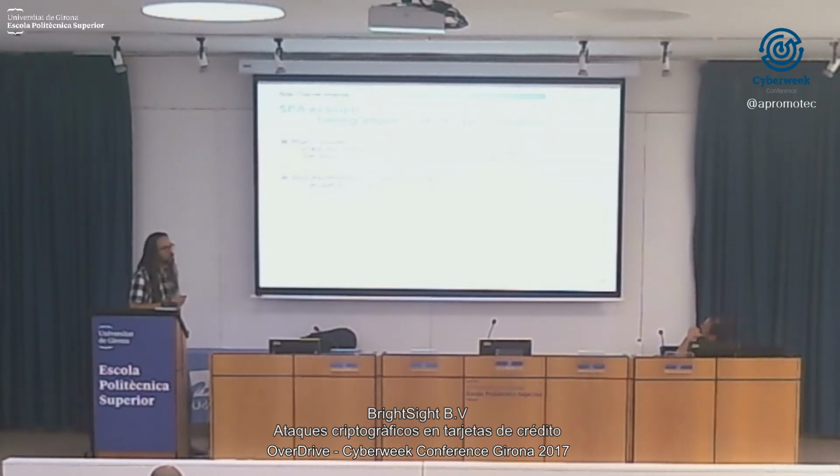So the most basic RSA implementation is the binary method, also known as square and multiply. In fact, all implementations are based on the same kind of operations, squares and multiplies. And during this operation that is handling the private key, we can target it and try to recover the key.